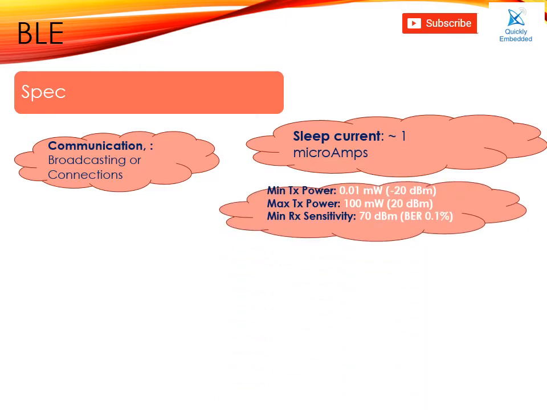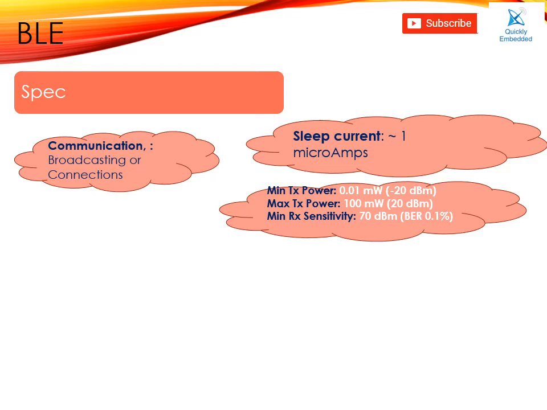Power, TX power: the recent changes in Bluetooth and regulatory standards allow low energy Bluetooth devices to transmit up to 100 milliwatts, 20 dBm transmit power. Receive sensitivity is minus 70 dBm, and the bit error rate is 0.1%.